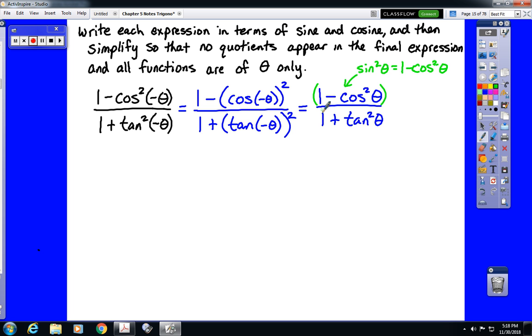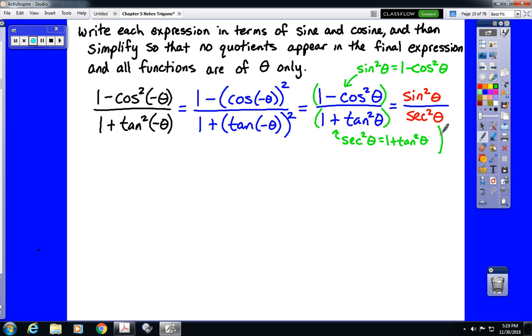So we're going to take 1 minus cosine squared out and put in sine squared. On the bottom, 1 plus tangent squared is one of our Pythagorean identities, completely straightforward. That is secant squared. So we're going to take out 1 plus tangent squared and replace it with secant squared.